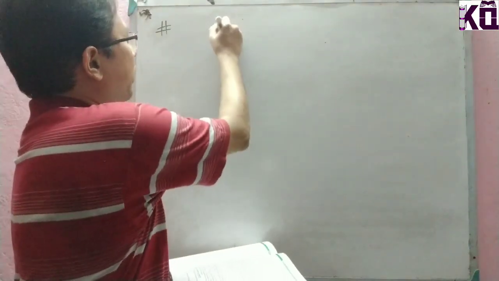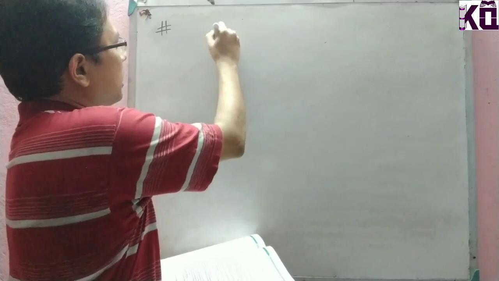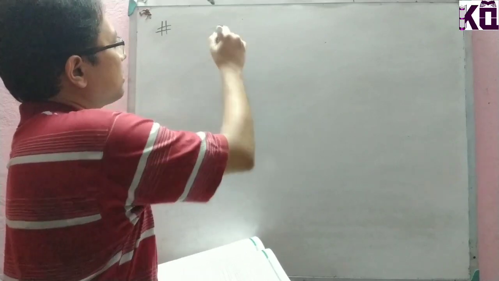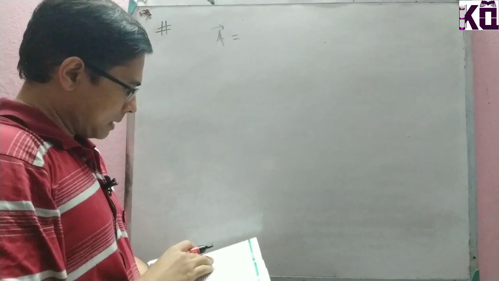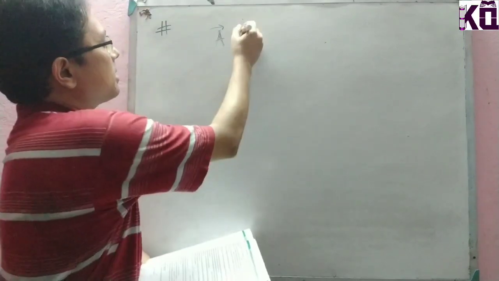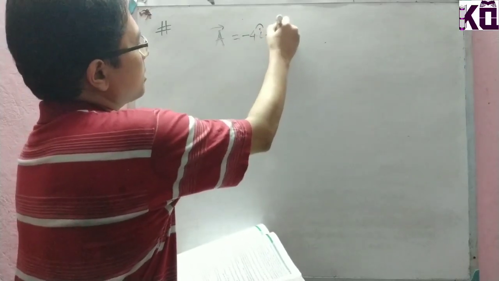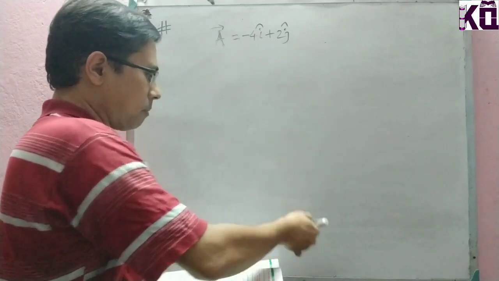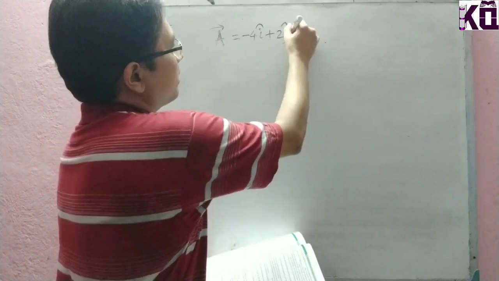So first we are writing these two vectors. What are the vectors given? The vectors first, A vector, which is given as minus 4i plus 2j plus 4k.